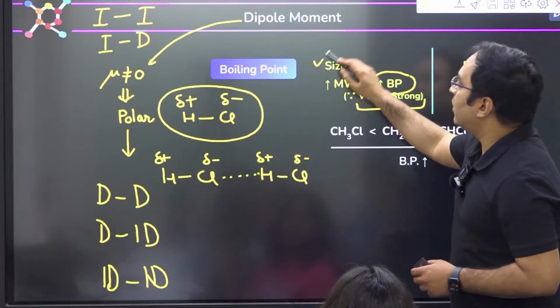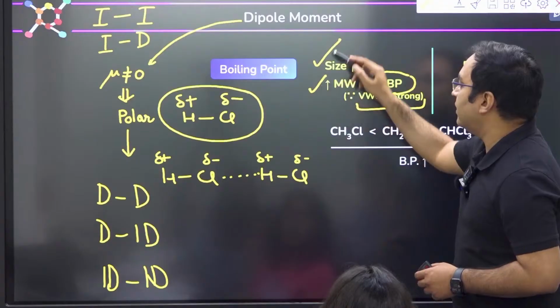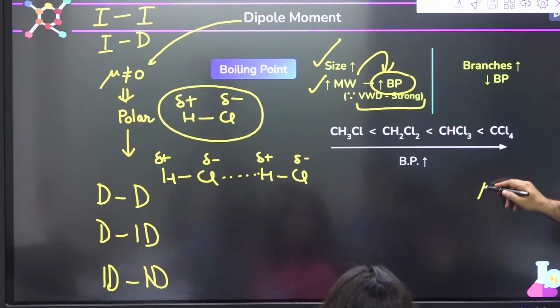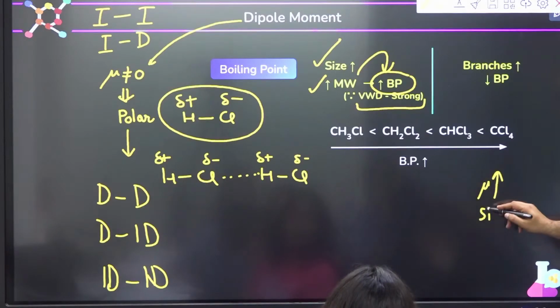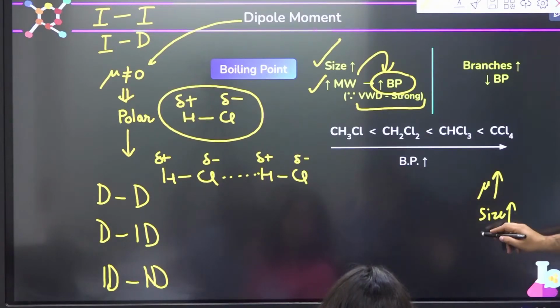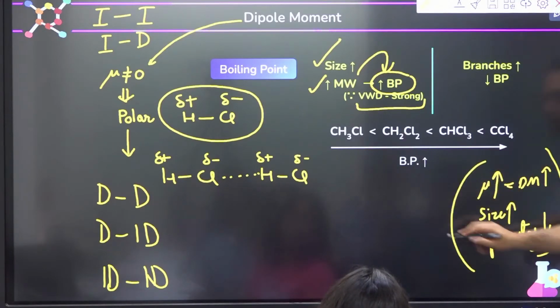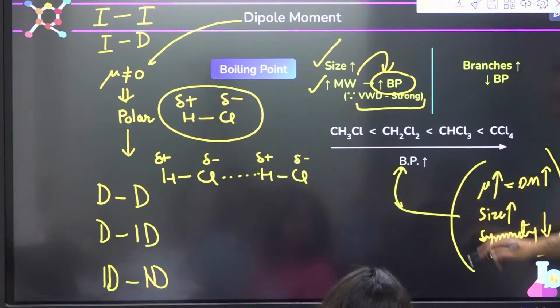If you have big size molecules, their molecular weight will be high. That's another link for boiling point. So if your dipole moment is high, if your size of molecule is high, or if symmetry in the structure is less, in all such cases boiling point will shoot up.